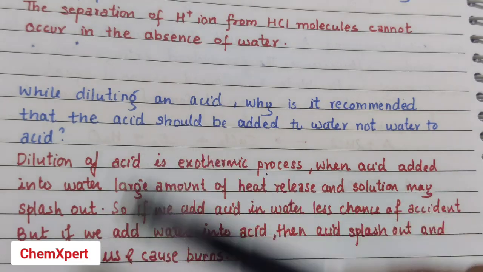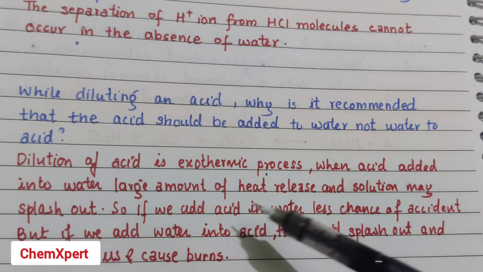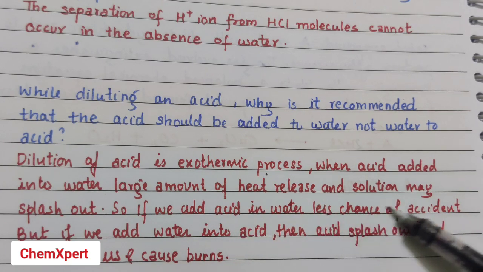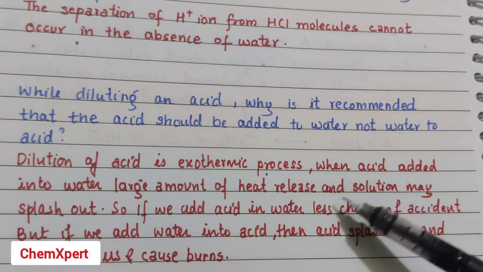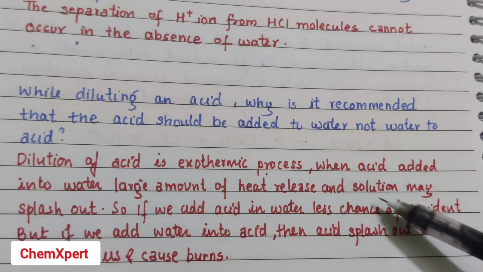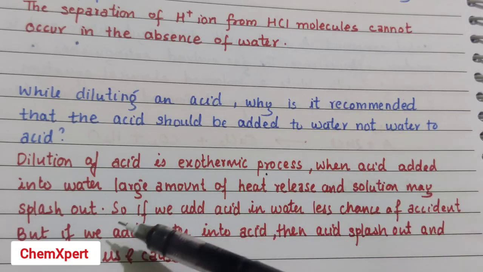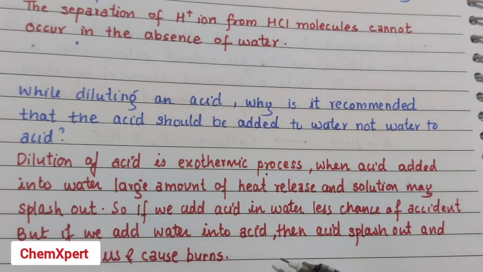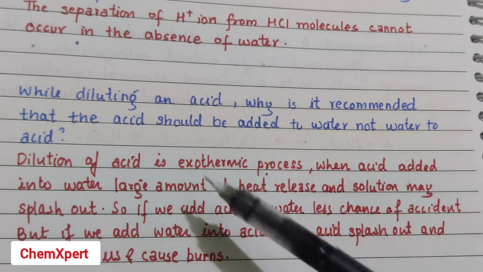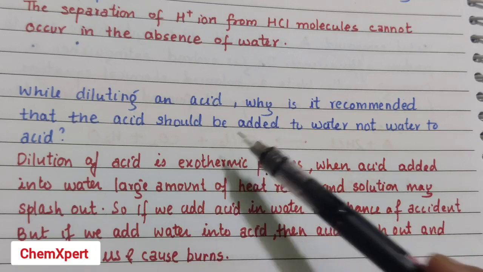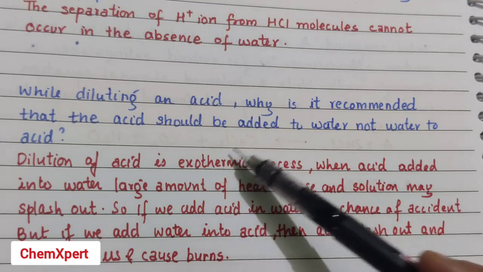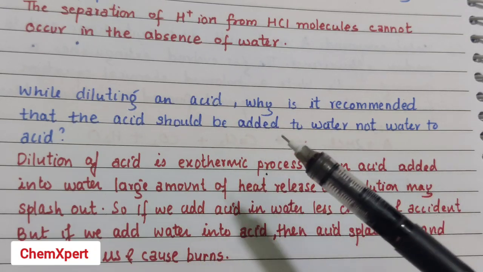So if we add acid to water, there is less chance of accident, because if it splashes out, then water is coming out. But if we add water to acid, then acid splashes out and it harms us and causes burns. So it is always advisable to add acid into water, not water into acid.